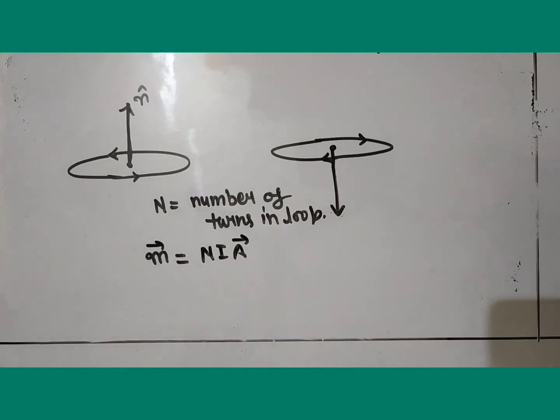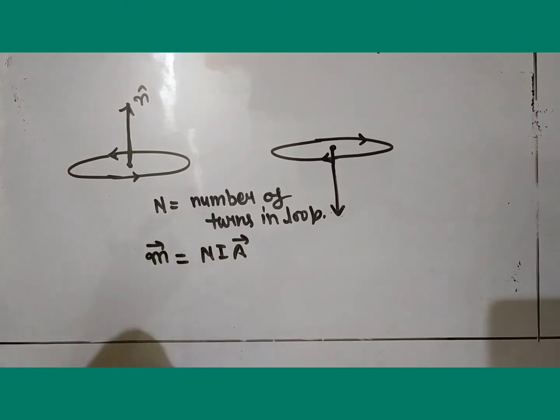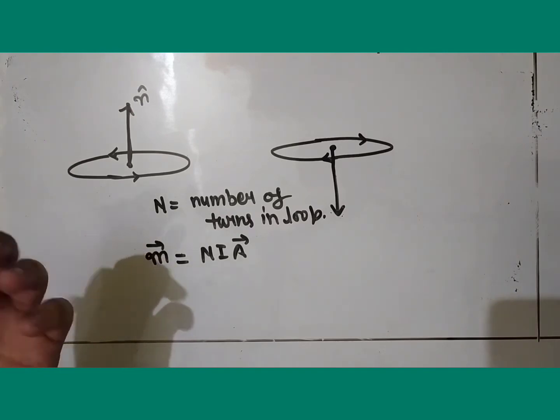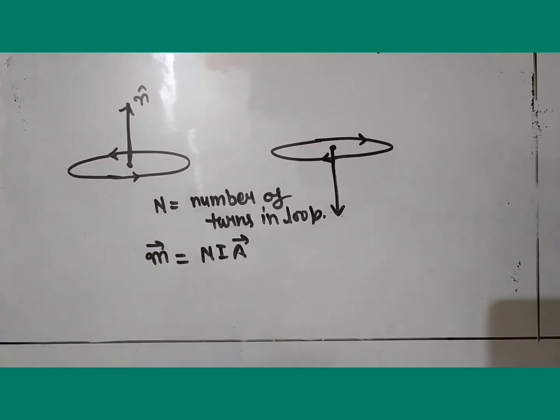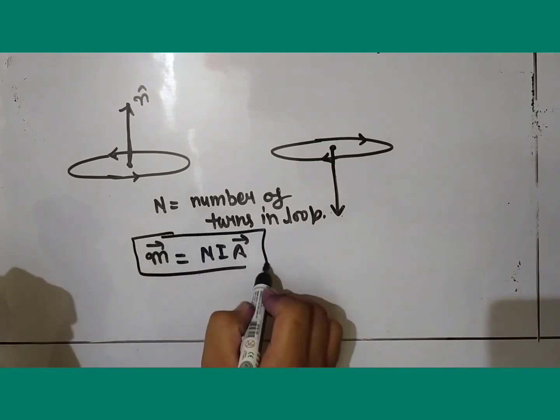This will affect only the magnitude of the magnetic moment and not its direction. So m vector is equal to n I a vector.